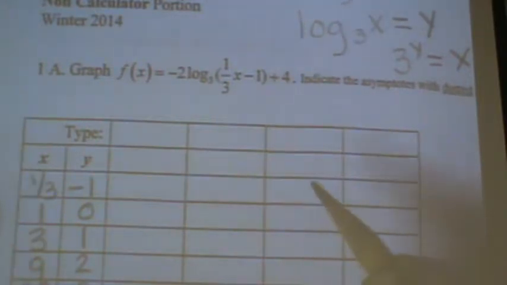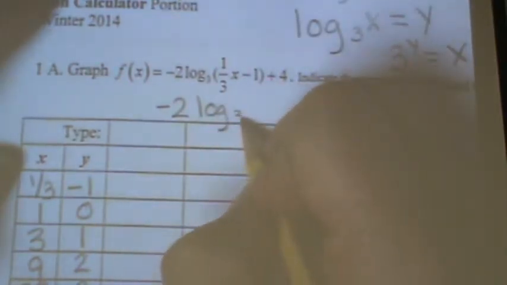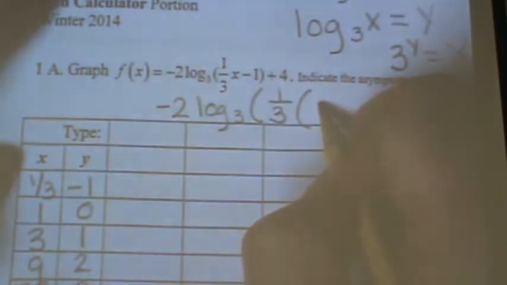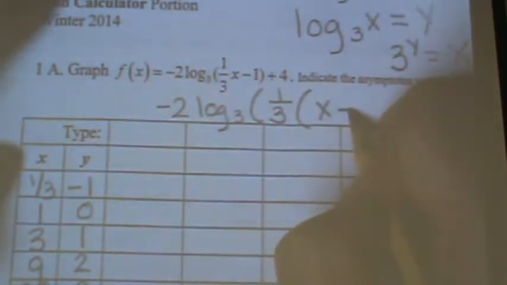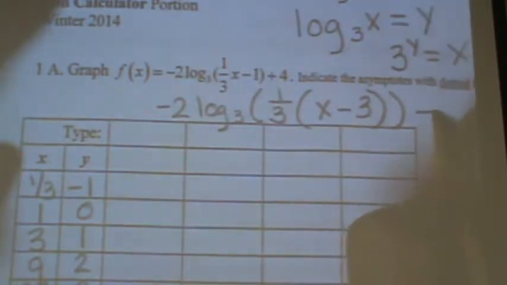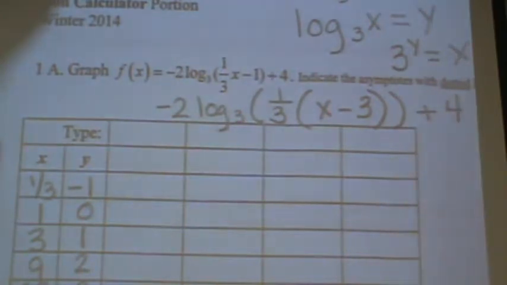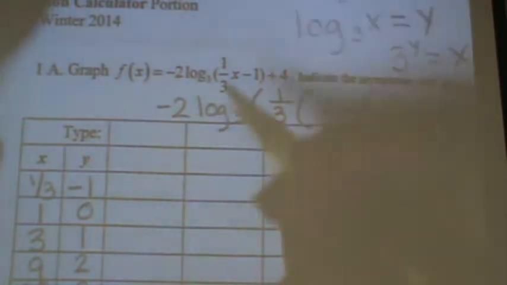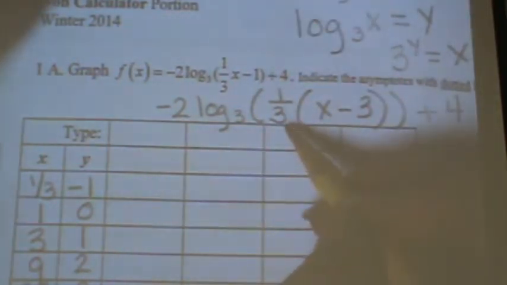Okay? So now you want to pull out the 1/3. The first thing you would do is multiply the x values by 3.